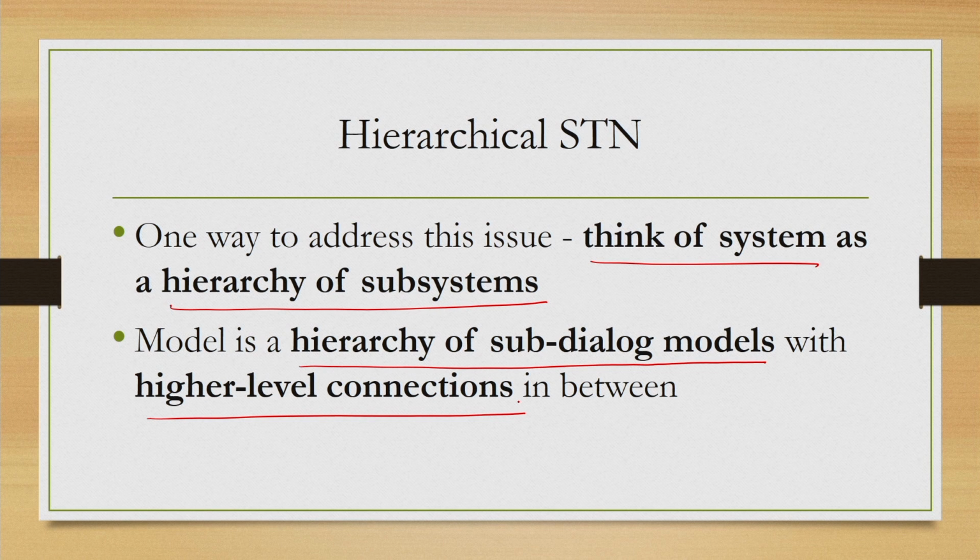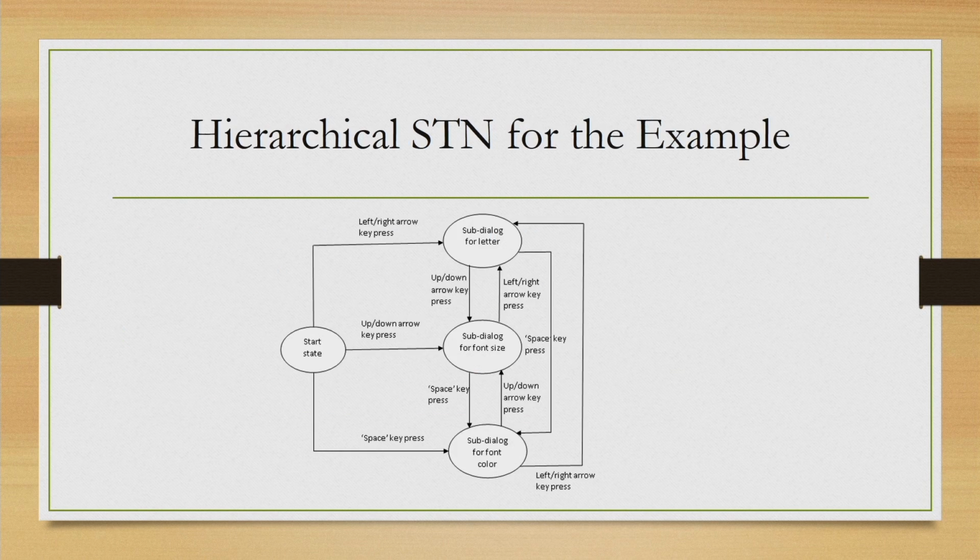So, essentially we are thinking of the whole system not as a single system, but as a hierarchy of less complex subsystems, and we provide higher level connections to those subsystems to model the whole system.